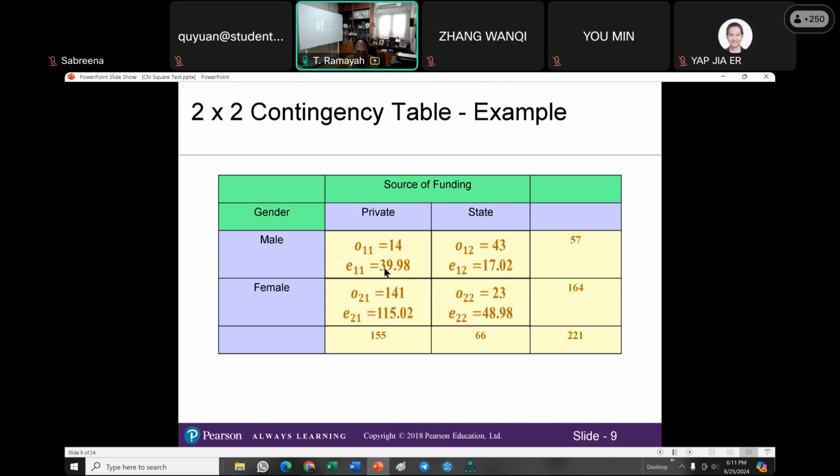And we also calculated the E_ij, which are 39.98, 17.02, 115.02, and 48.98. So the next task will be to take this value minus this value, then square the value. Finally, you need to divide the value by E_ij. That's the task you need to do.